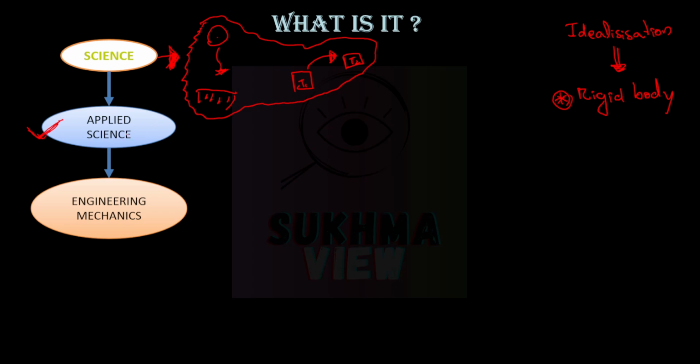Applied science is a branch of science. Applied science can again be classified into different classifications, and one part is engineering mechanics.